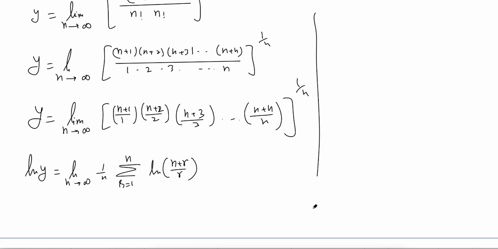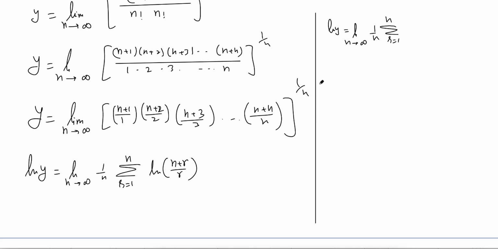I hope I did it correctly. So ln y is equal to limit n tending to infinity sigma 1 by n, r equal to 1 to n, and this can be written as ln of, dividing numerator and denominator by n, 1 plus r by n, by r by n.